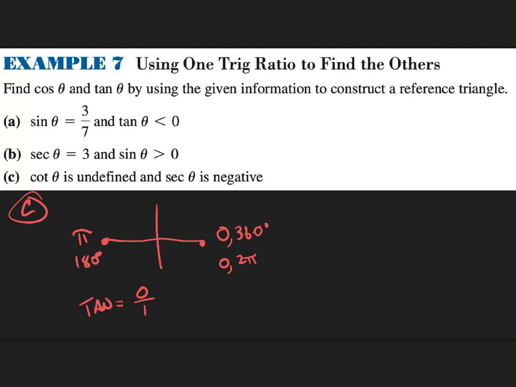Okay, boom. We got that down. Our unit triangle. The secant is negative. That means the cosine is negative, so the x value is negative. Okay, so that puts us at 180 degrees, or pi radians. That's our reference angle. We don't have a triangle. We just have a straight line. Now, go do some practice problems.